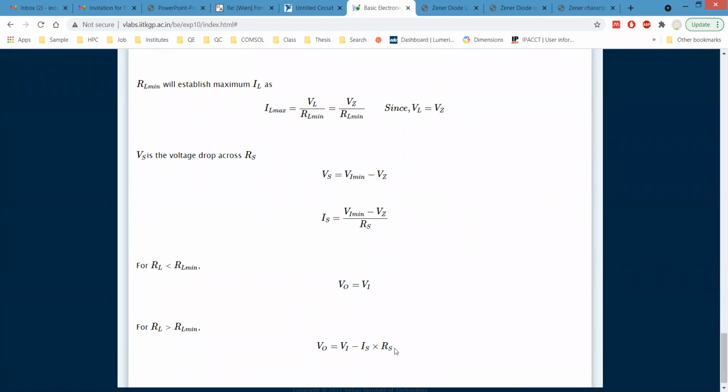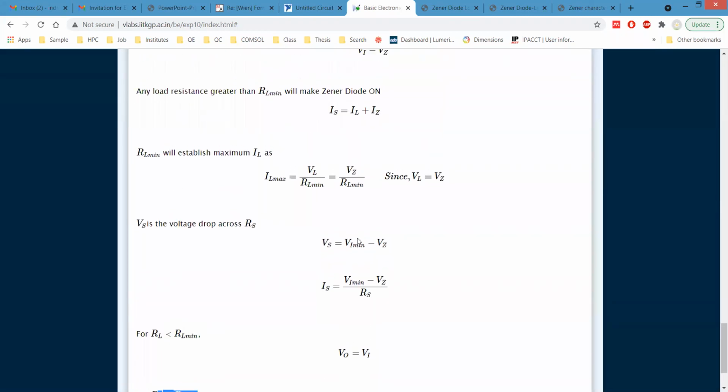Okay, so that is independent of your load resistance. So that is why you can say yes, but the load resistance should maintain this condition: RL should be greater than RL minimum.